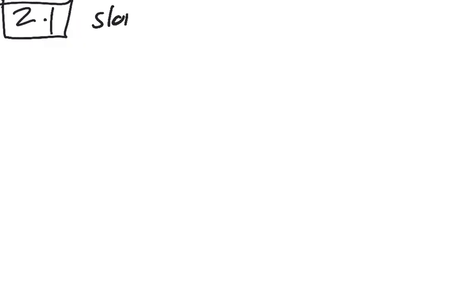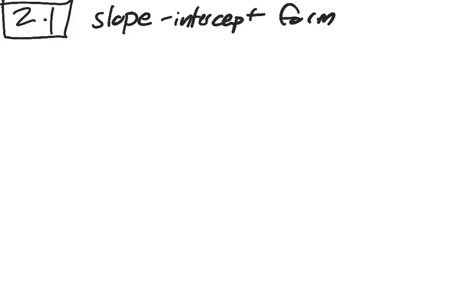Slope-intercept form. What is slope-intercept form? Y equals mx plus b.